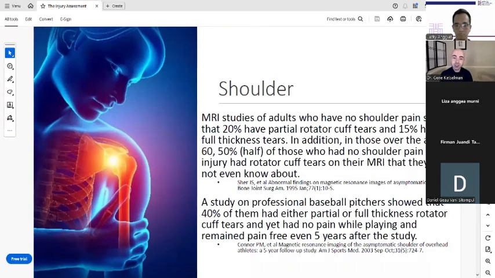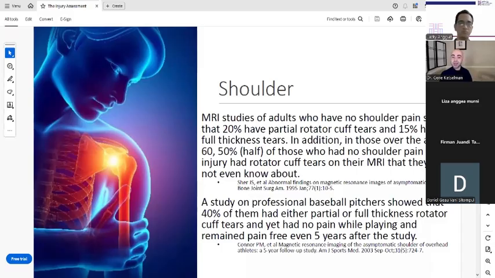So when it comes to the shoulder, MRI studies of adults by the way, have these rotator cuff tears on their MRIs, and they don't even know about it.